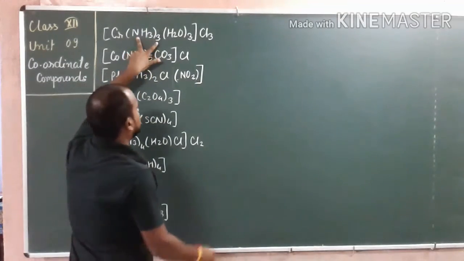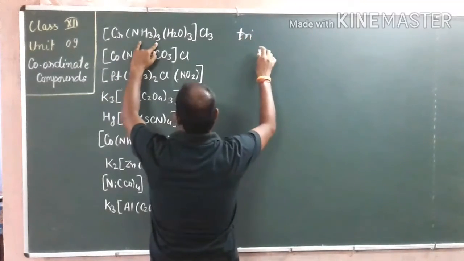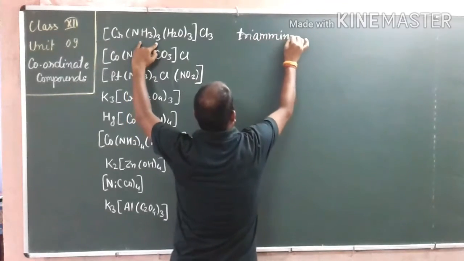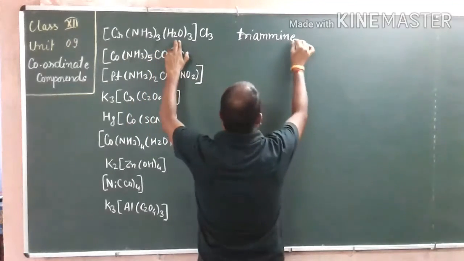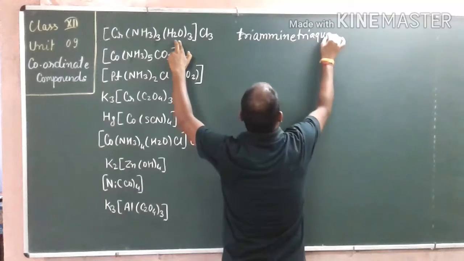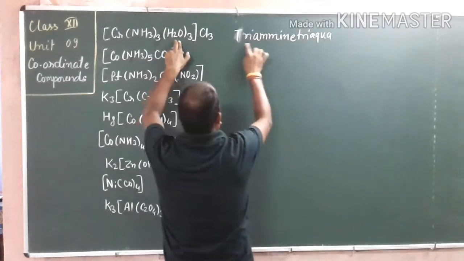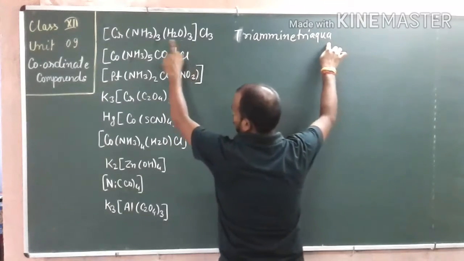In this amine, write the number of amine. For 3 it is triamine. Then triaqua. First letter always capital. Triamine, triaqua. Okay, so ligands complete.